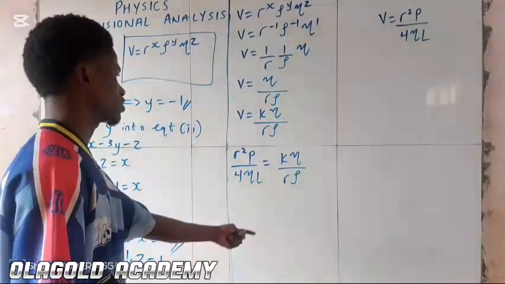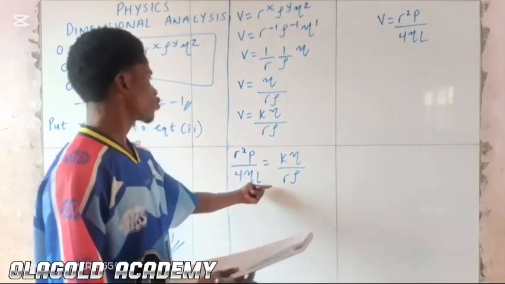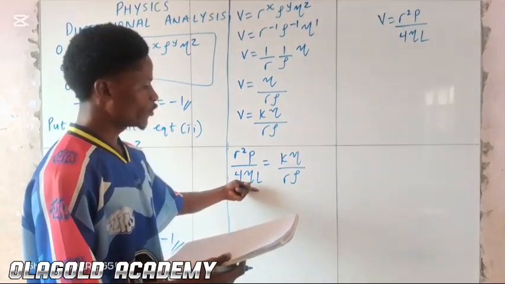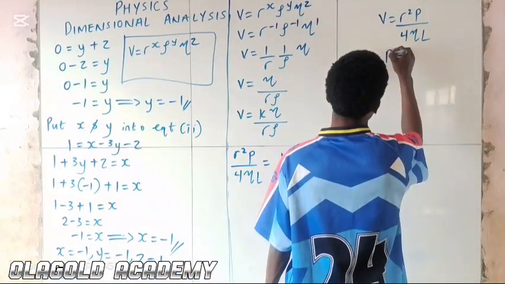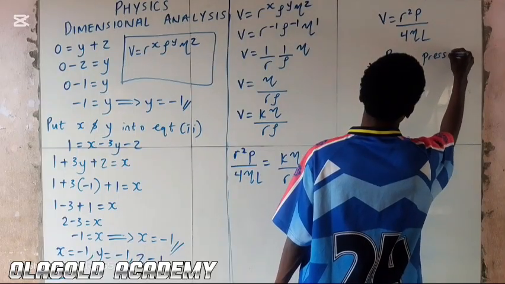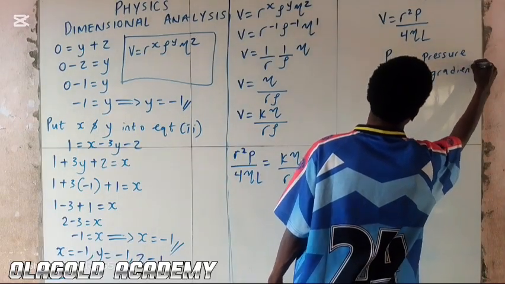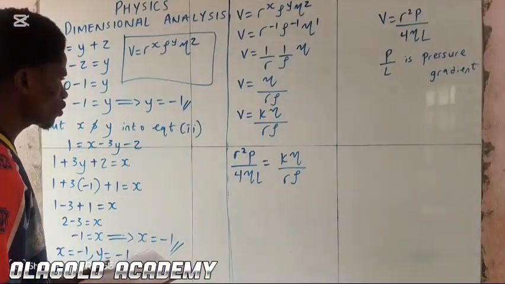So we have this from our question. It says given that v equals r squared p over 4 eta l, where p over l is pressure gradient.